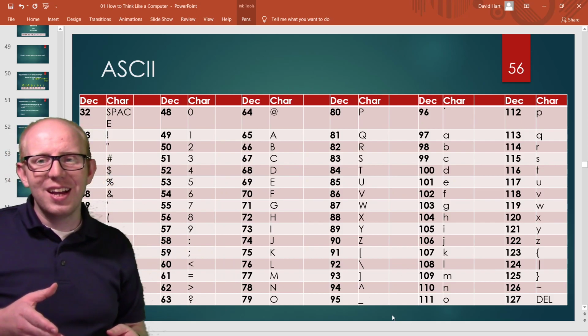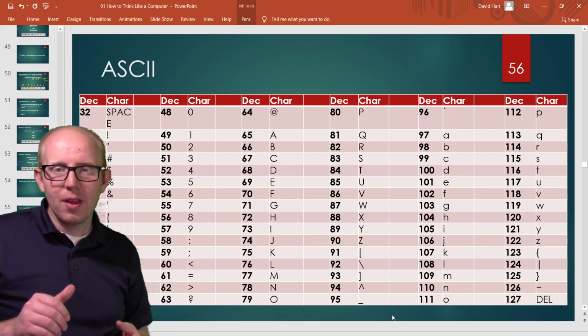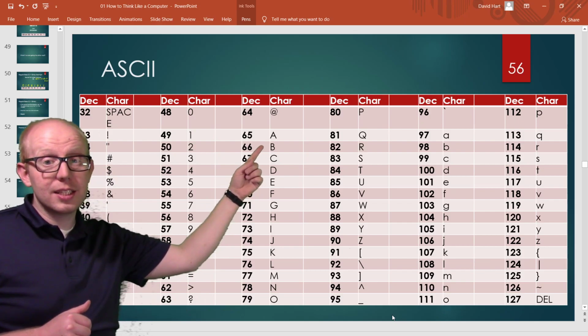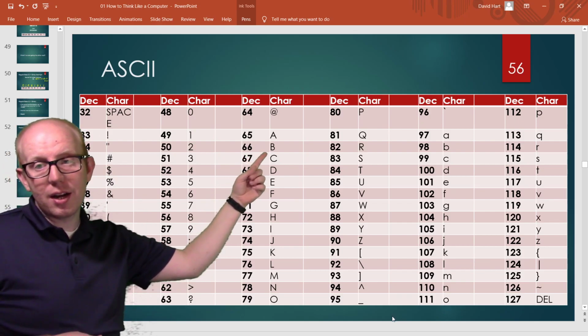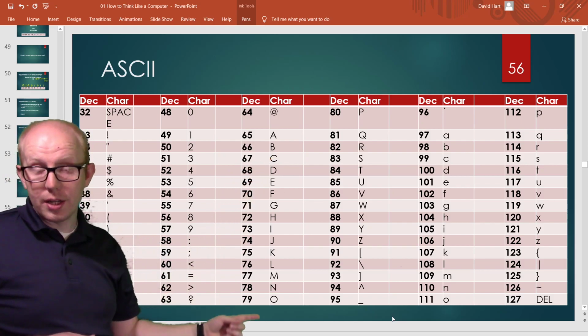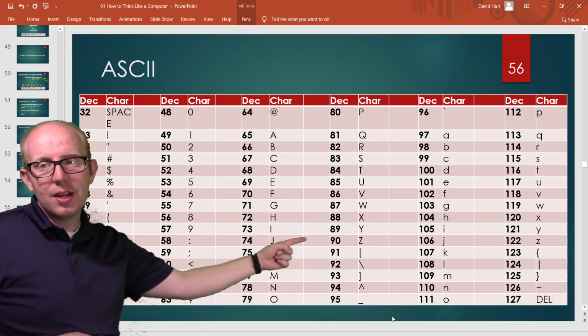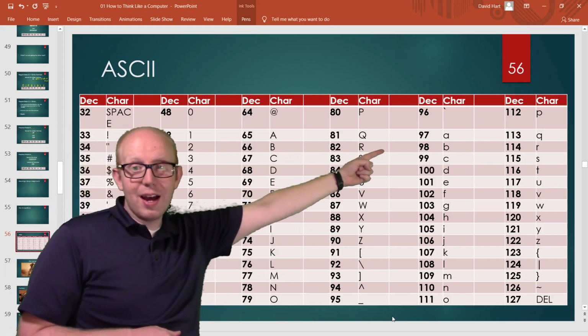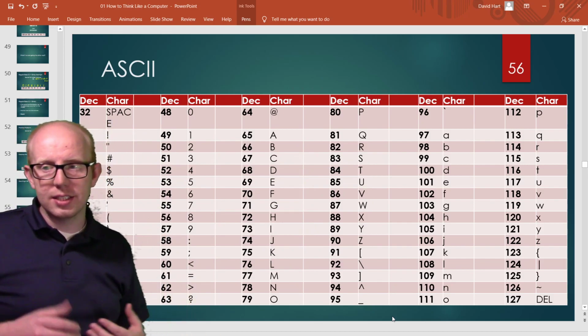And if you put that number in binary, according to this table, that is the capital letter A. And likewise, the number 66 in binary is the capital letter B, and so on and so forth, all the way until you get to 90. And then all the way over here at 97 is all the lowercase letters, a to z, etc.